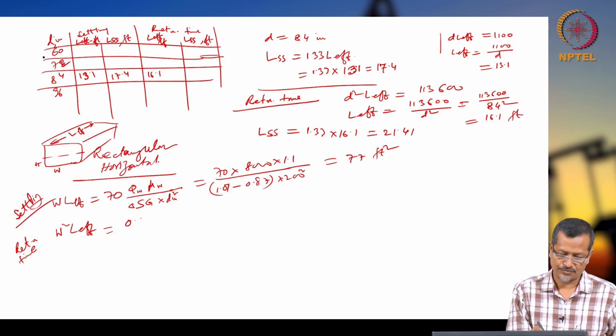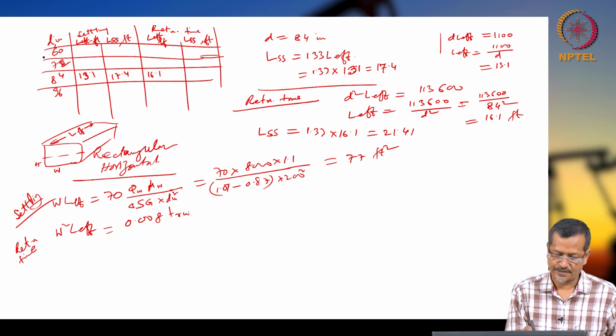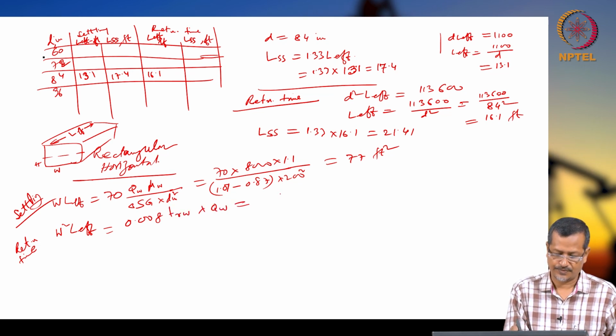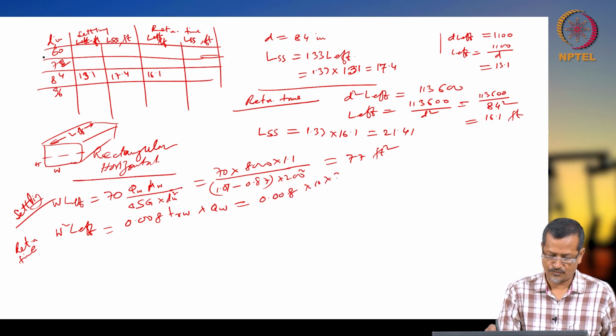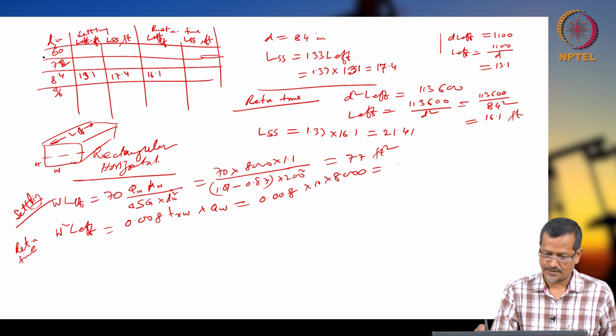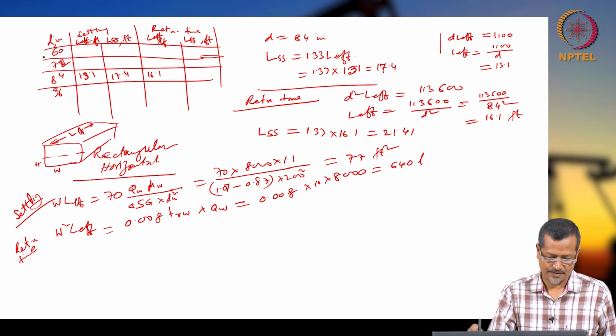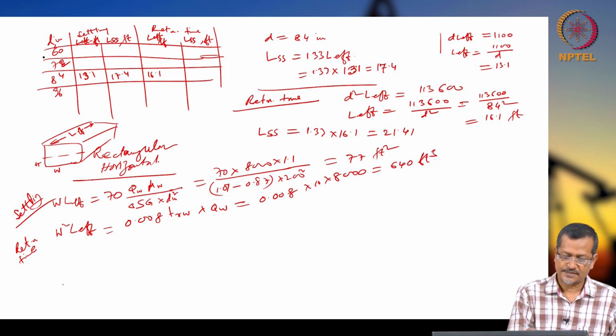In that case, 0.008 T R W into Q W. So it is coming like 0.008 into 10 into 8000, which gives 640 feet cubed.